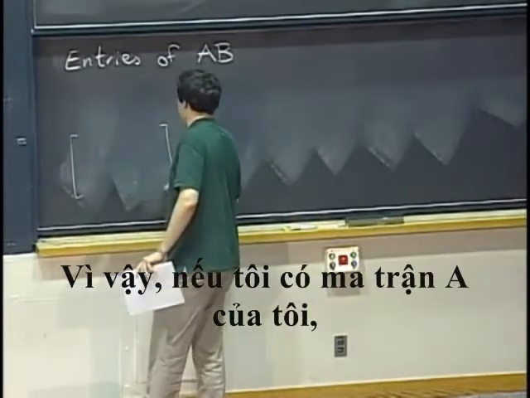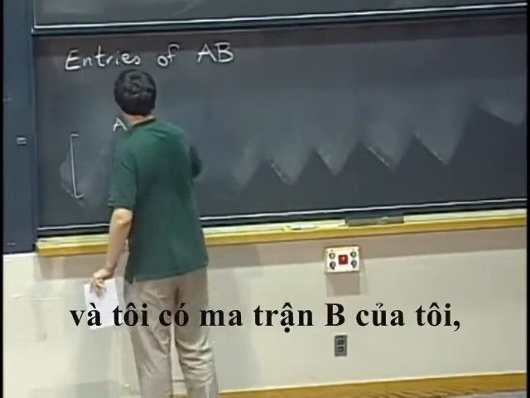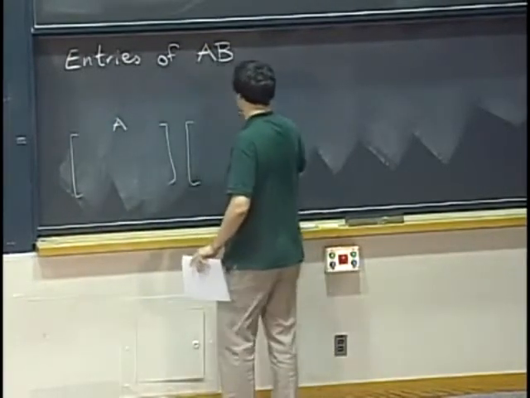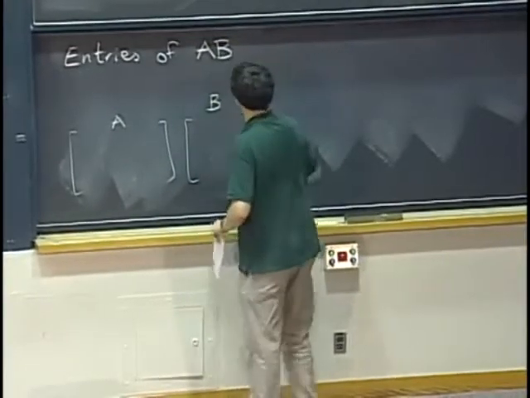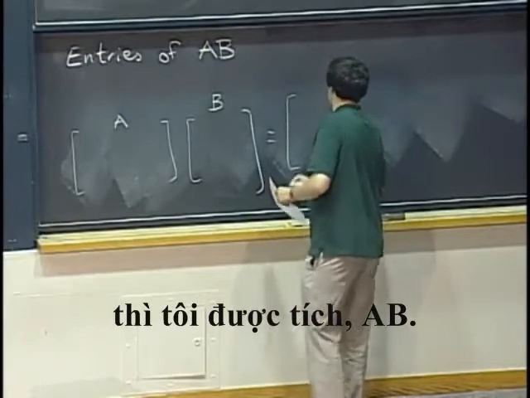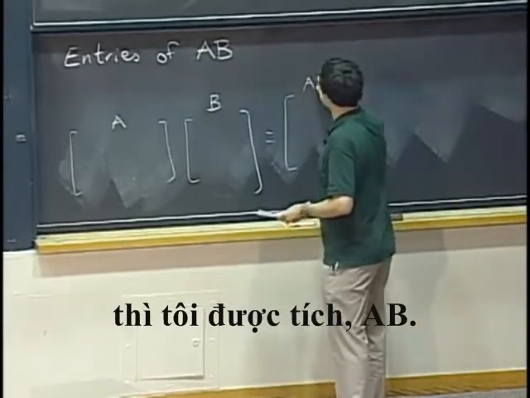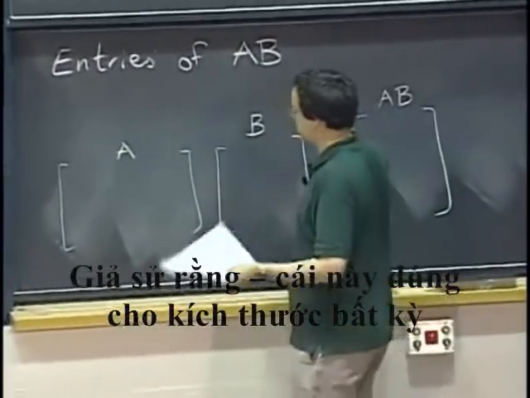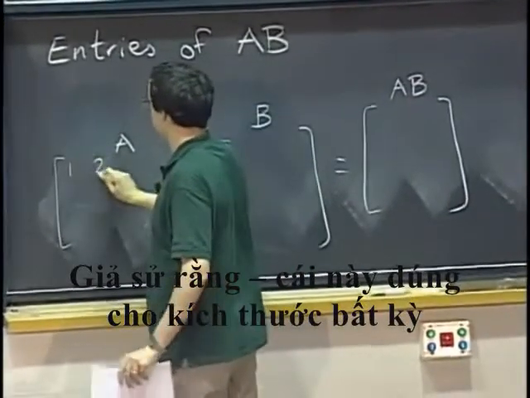If I have my matrix A, and I have my matrix B, then I will get the product AB. Let's say, for example, that, this works in any sizes.